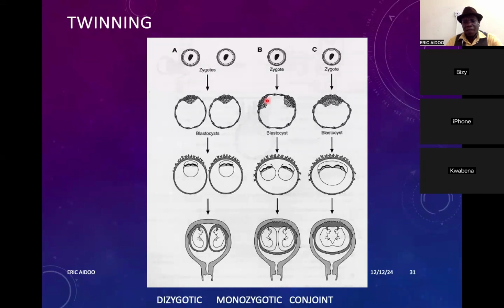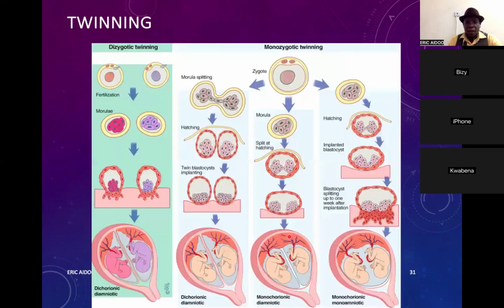Okay, as to whether cells will even move and at what rate they should move. All are governed by molecular signals, which we are not covering at this level. That is why when there's a mistake or mutation, you end up having the third type of twinning, which is the conjoint twin. It means that the separation was not complete. Okay, so that is what monozygotic, dizygotic, and then conjoint twins are.